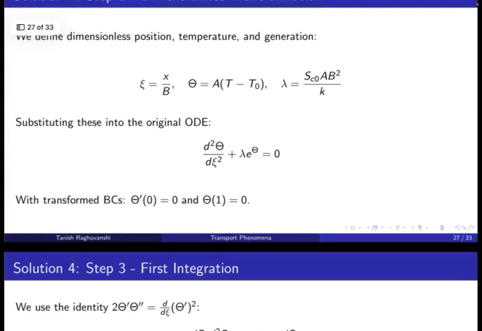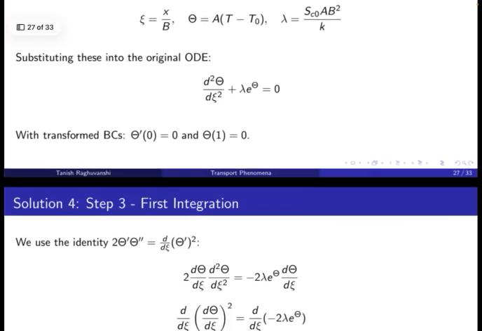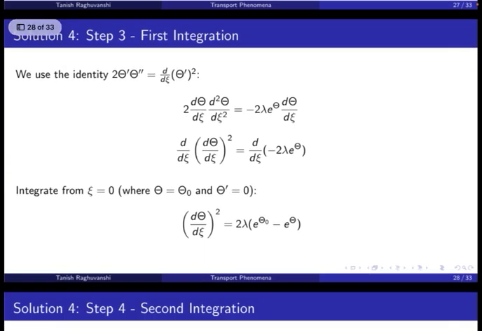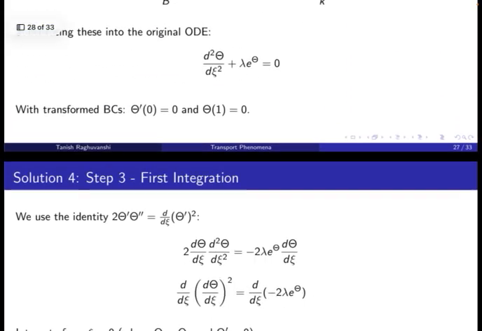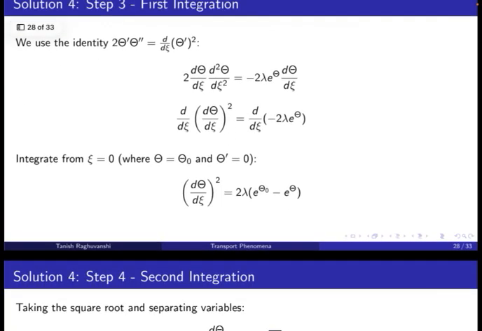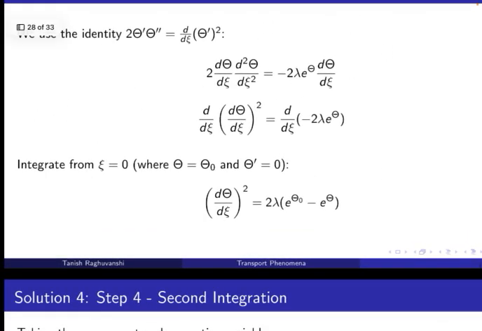So we get this equation, a simple second order differential equation with the transformed boundary conditions, that theta at 0 is equal to 0 and theta at 1 is equal to 1. In the question there is a hint that we can use this multiplication to solve for the ordinary differential equation. So that is what we've done, and this is what the final answer is after resolving that.